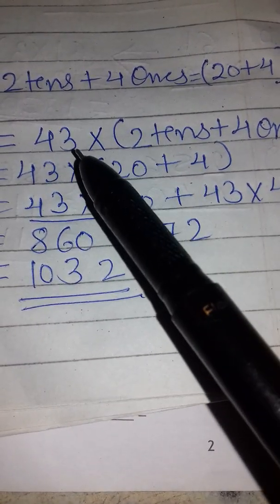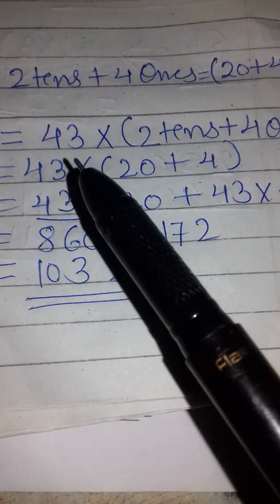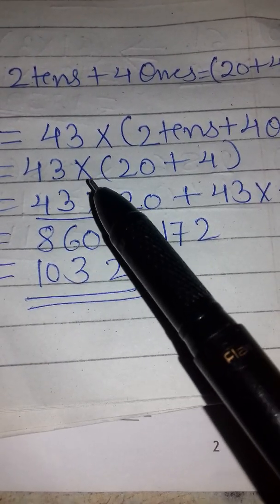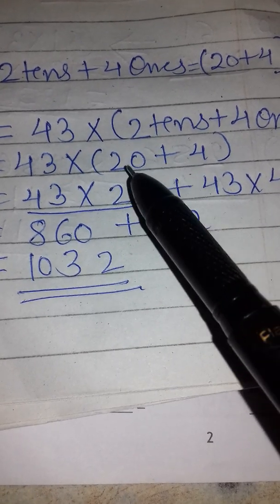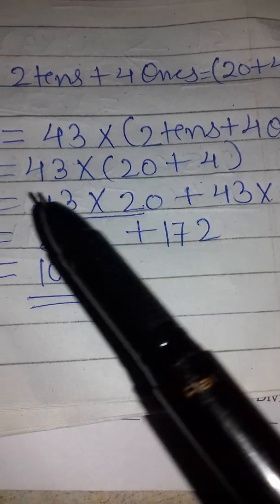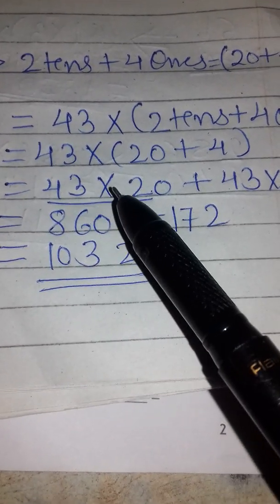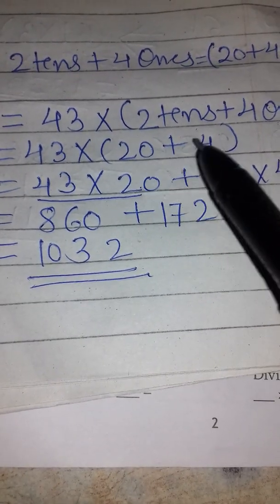So we will multiply the number by the multiplier, as I have told you already. So we will multiply 43 into the multiplier, that is 2 tens plus 4 ones, which is equal to 43 into 20 plus 4.